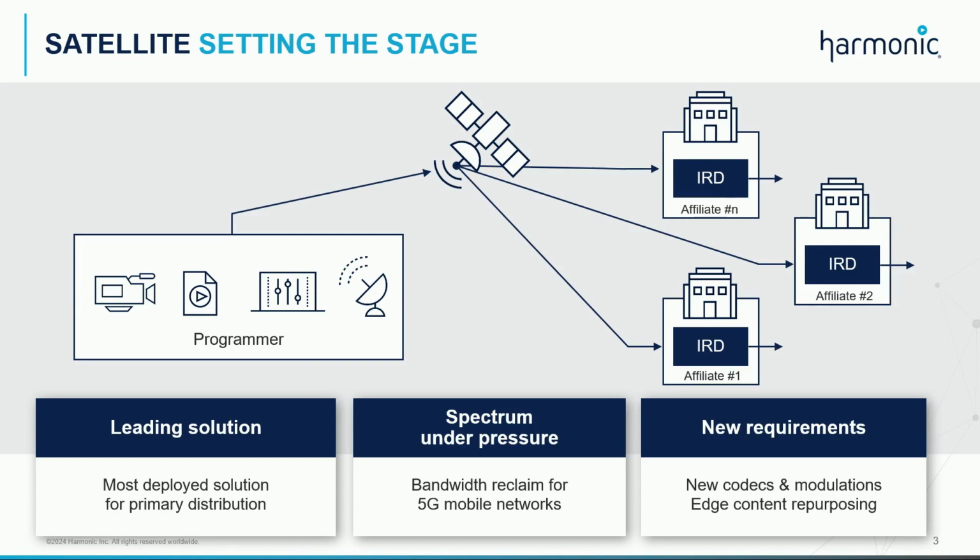This has been the case, for instance, here in the US. You may be familiar with the FCC that has reclaimed part of the C-band spectrum in order to reallocate the historical spectrum which was allocated for satellite distribution to telcos for the 5G launch. So this is creating, obviously, a lot of constraints.